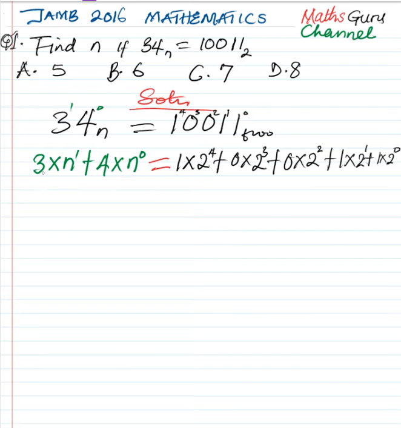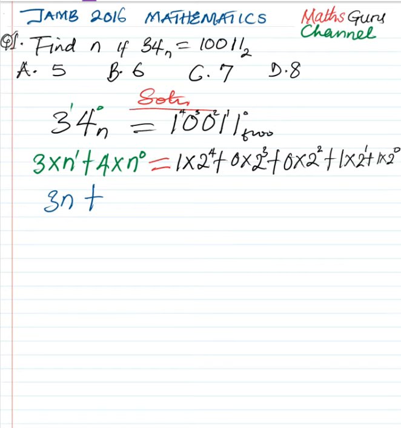We move on. 3 times n raised to the power of 1 is n. 3 times n is equal to 3n. So plus 4 times n raised to the power of 0. We have n raised to the power of 0 to be 1.